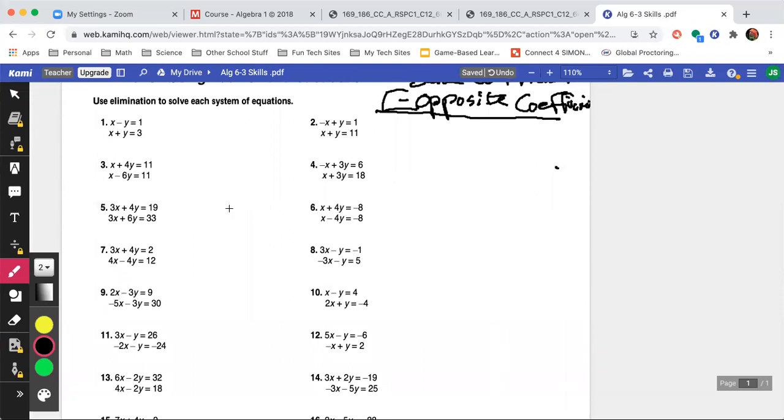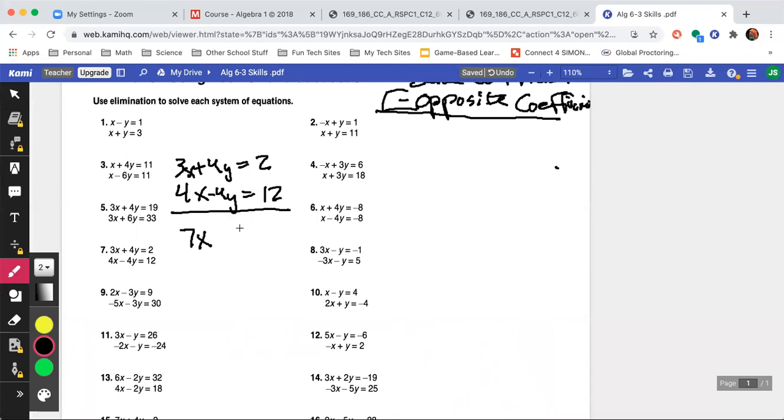Let's do 7. All right, so 7, you have 3x plus 4y equals 2, and then you have 4x minus 4y equals 12. And so this one, my y's are opposite of each other. So this one's ready to go, and I can just add this one together. Okay, so 3x and 4x give me 7x.